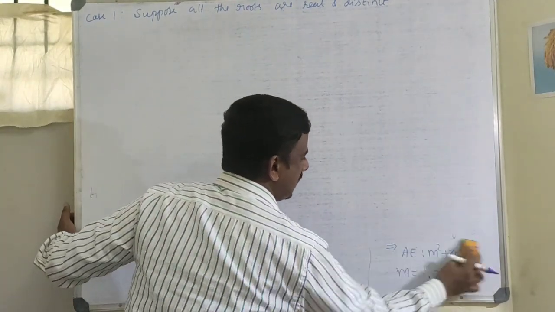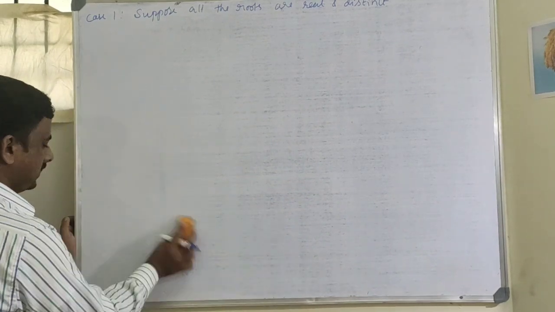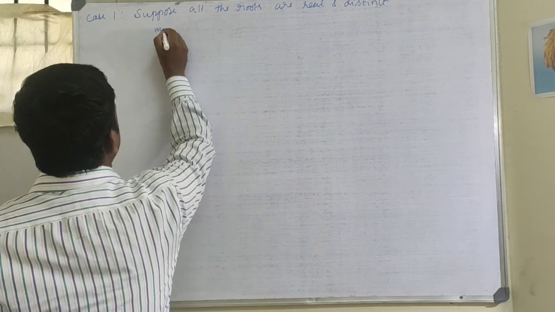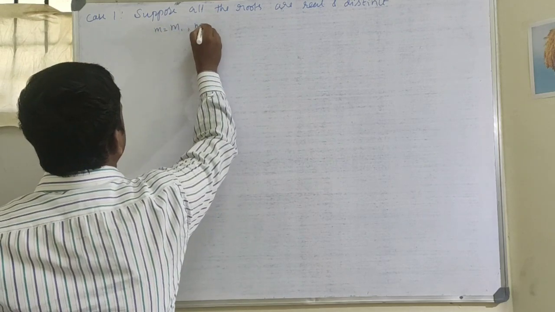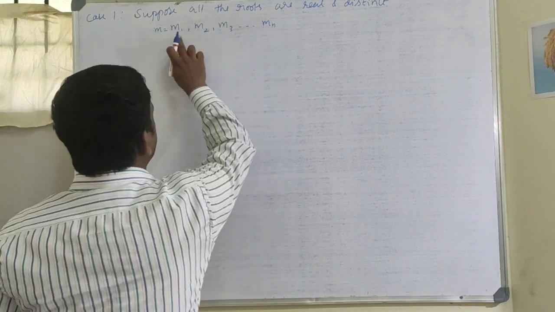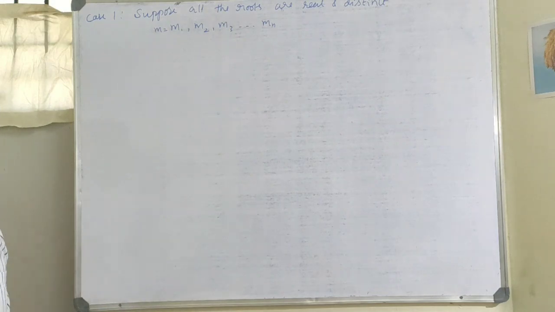In that case, how do we write the solution? Suppose the roots are m equal to m1, m2, m3 and so on, mn, such that each of these mi are distinct. They are not equal.